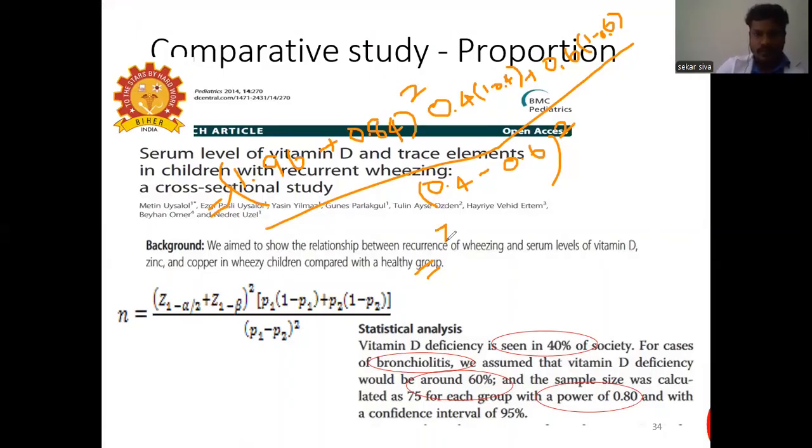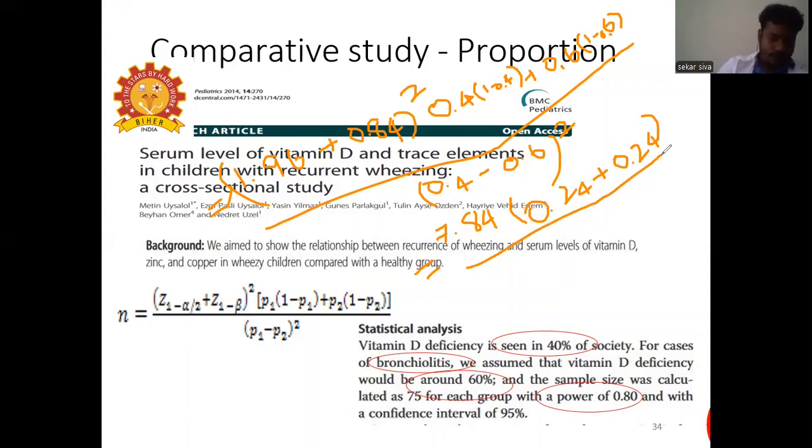That is 7.84 into 0.6 into 0.4, that is 0.24, plus 0.6 into 0.4, that is 0.24, divided by 0.4 minus 0.6, which squared is 0.04.